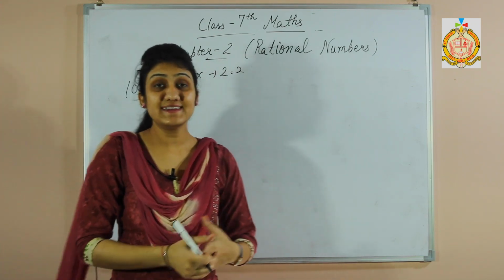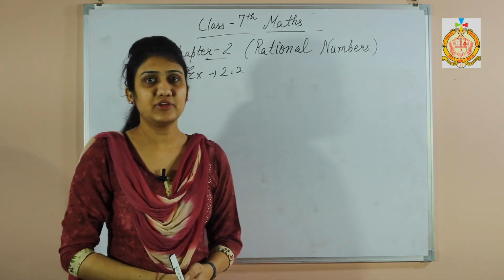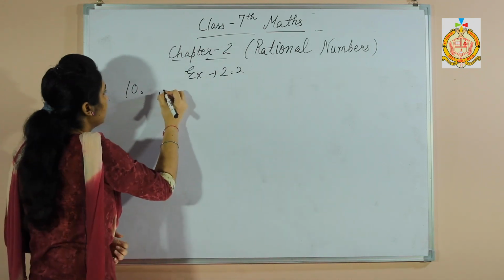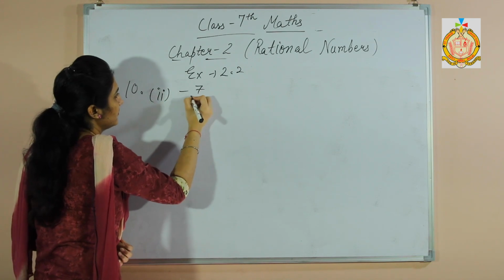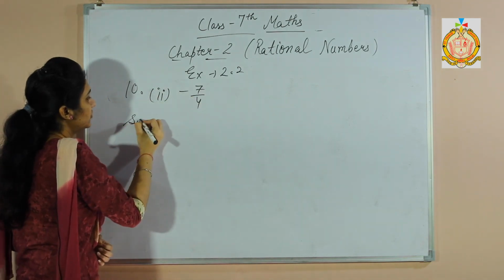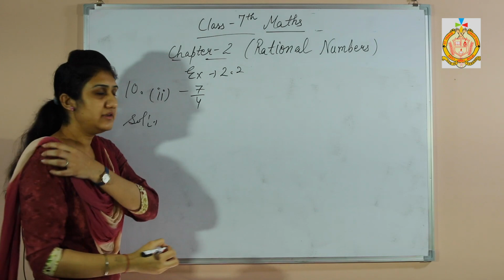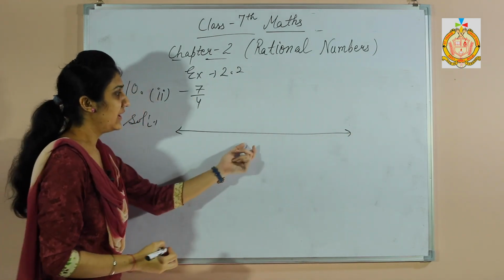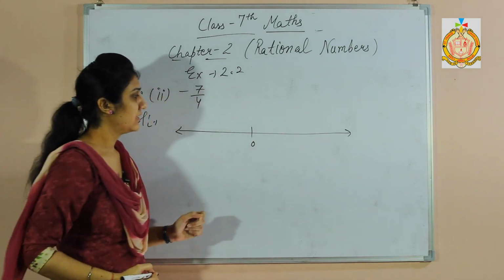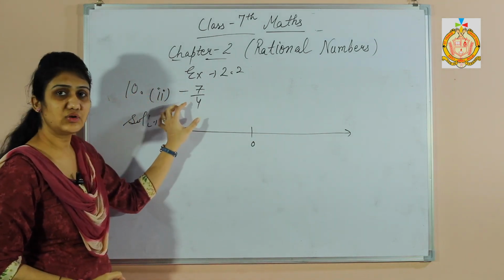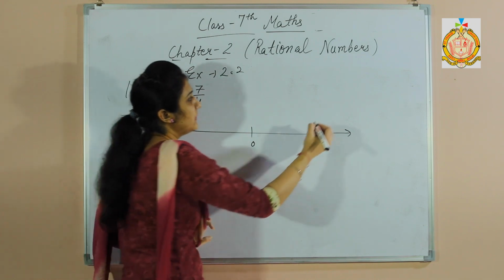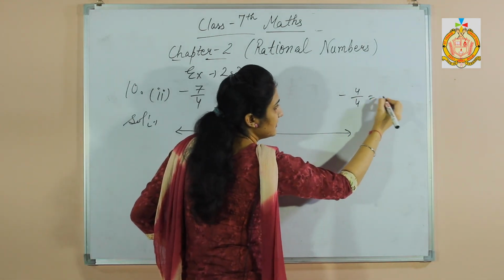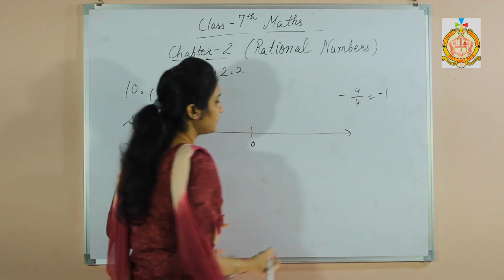If we have to represent a negative number like minus 7 by 4, again first draw the number line, then write here 0, and now consider this 4. Minus 4 upon 4 is minus 1.